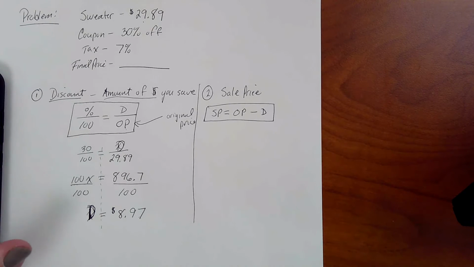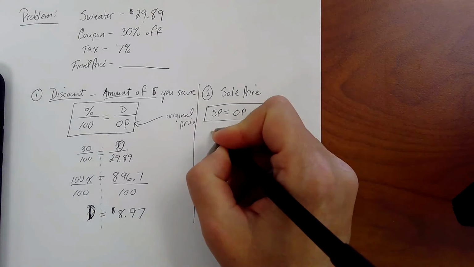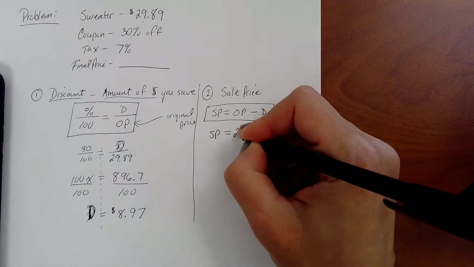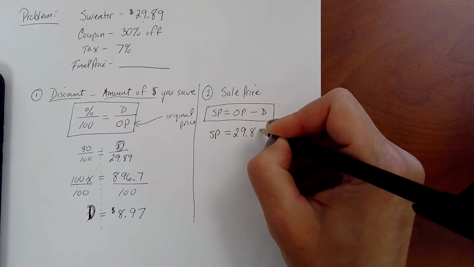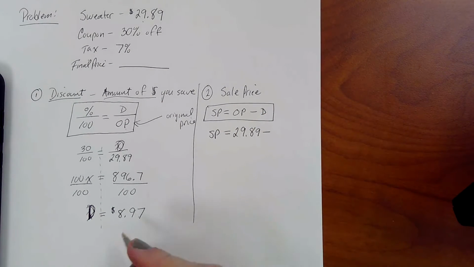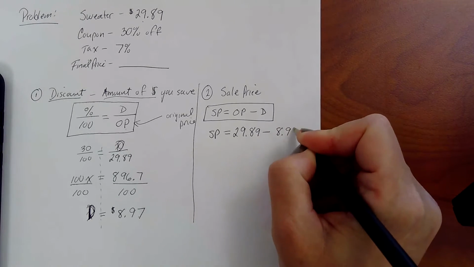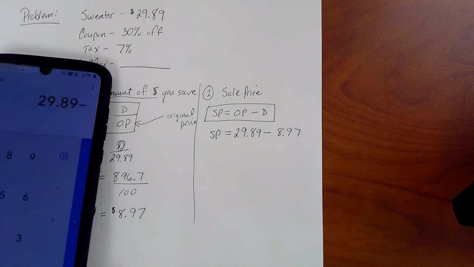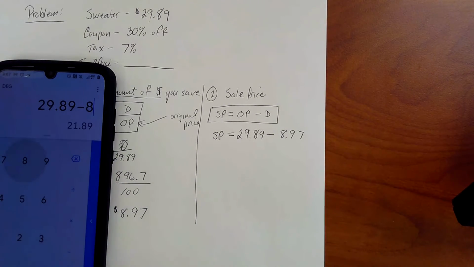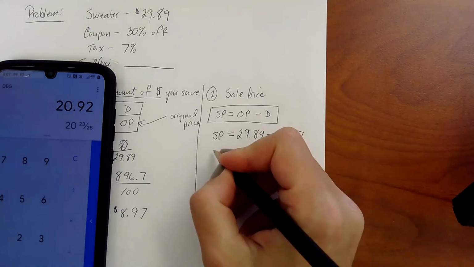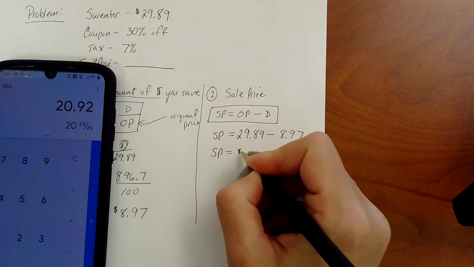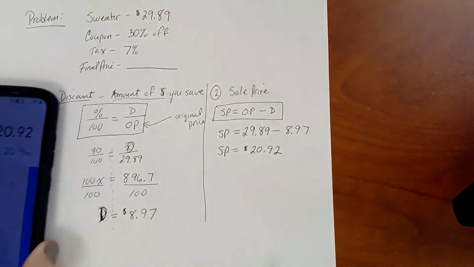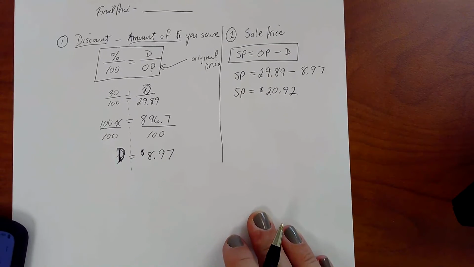Okay, so let's find the sale price. The original price was $29.89. We're saving $8.97. Let's just type that in. $29.89 minus $8.97. So I'm down to having to pay $20.92.